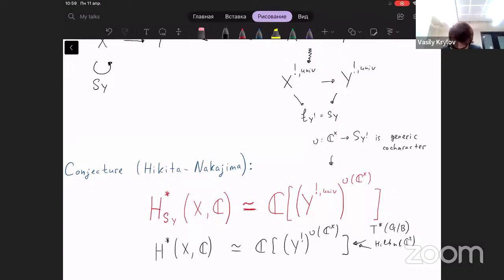And the conjecture is also known for quiver varieties of type A in this generality, M of Q when Q is type A. Also Pavel Shlykov proved this conjecture, I believe, for ADE resolutions.